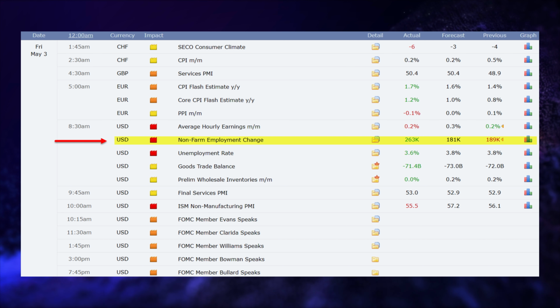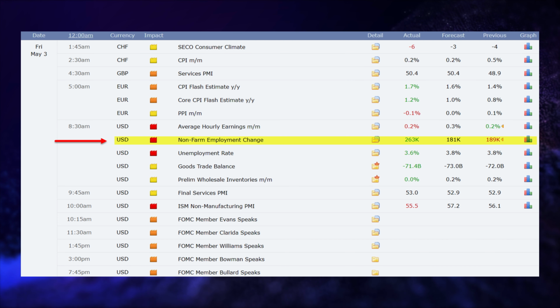Now if the news is positive, then the market usually performs well. What happens if the data is positive, more than the previous month? Then the rate of the US dollar increases and the rate of gold decreases at that time.